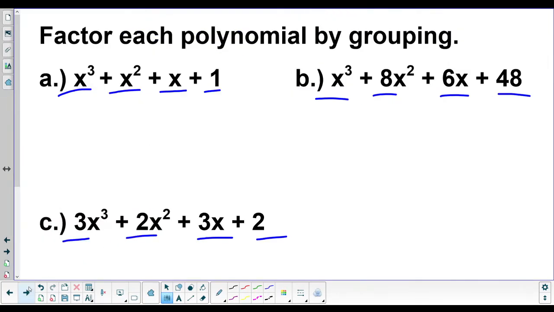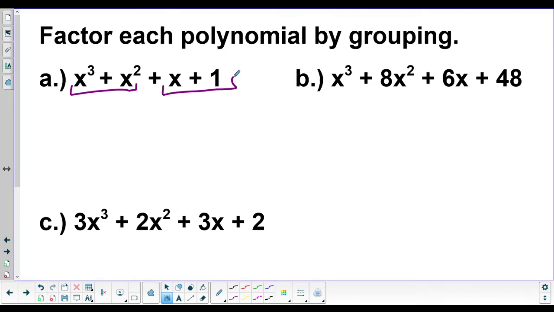All right, let's go practice those steps. Let's look at these. We're going to look at the first 2 terms as a group. What do these 2 terms have in common? X squared, right? We have 2 x's here and 3 here, so I can take out 2 x's. So put the thing you're factoring out in front, parentheses, divide.